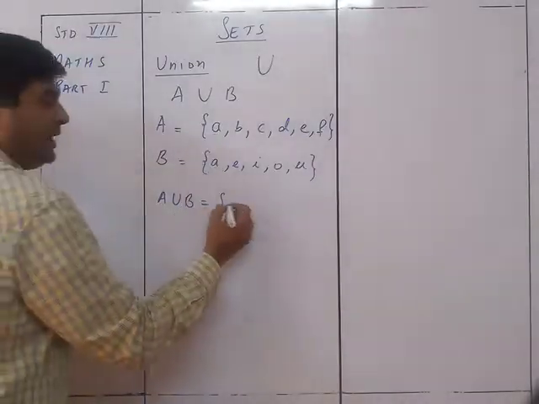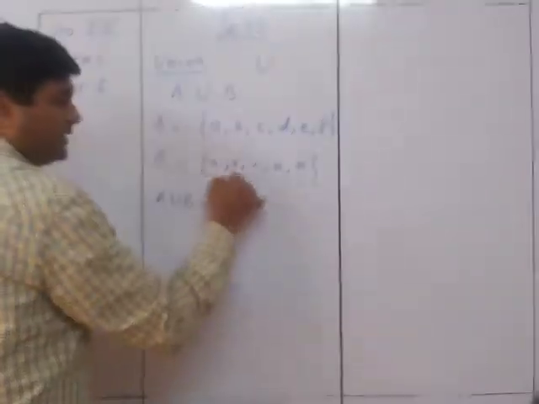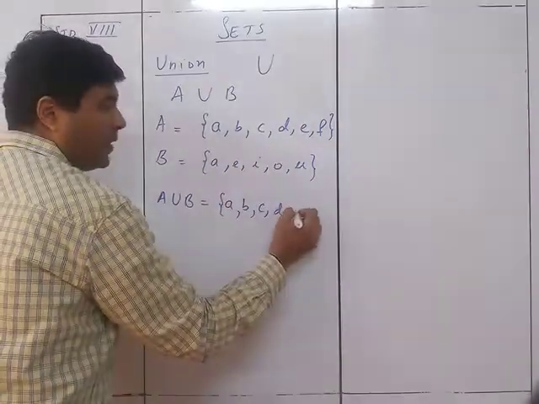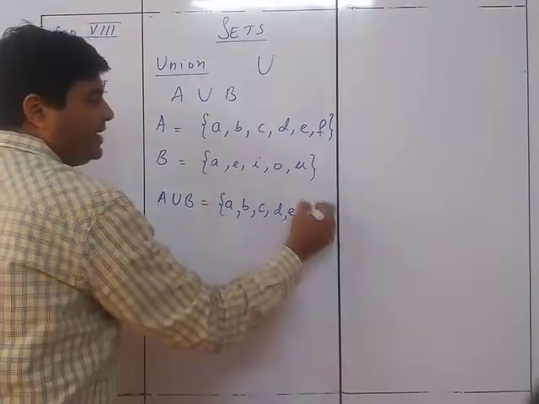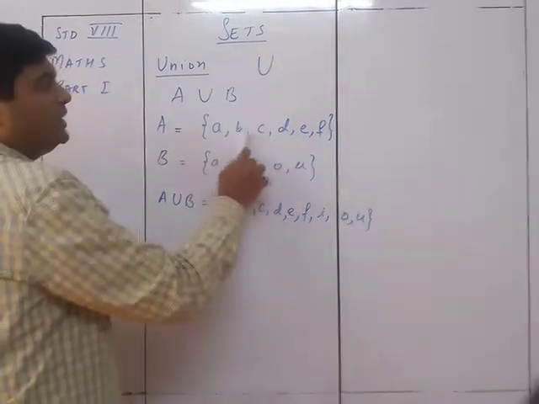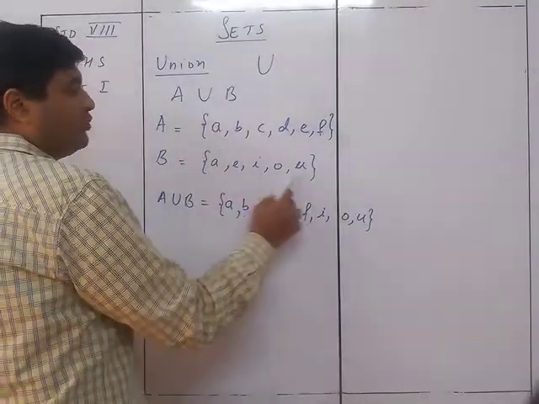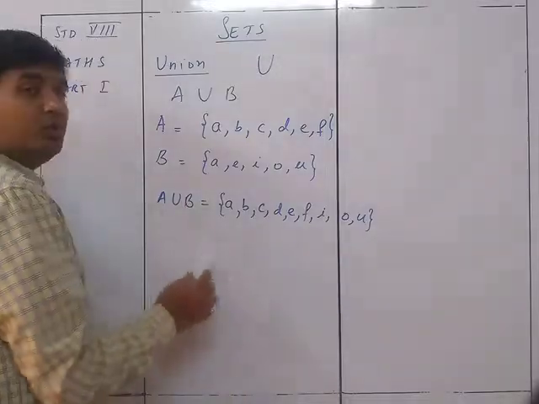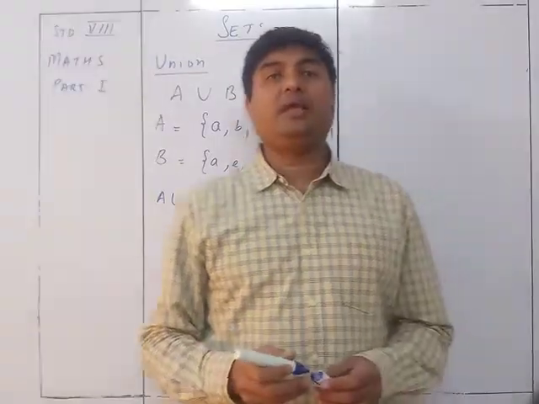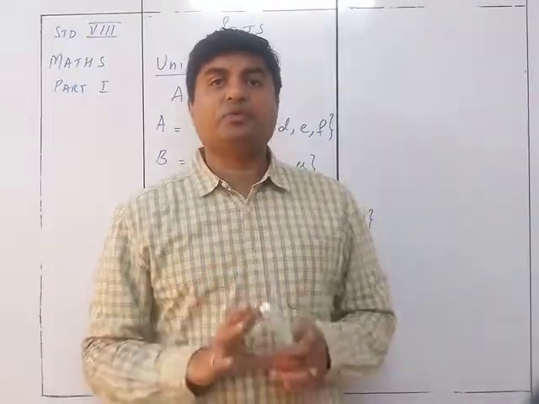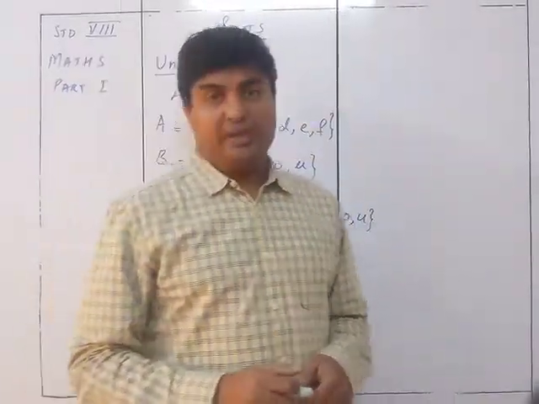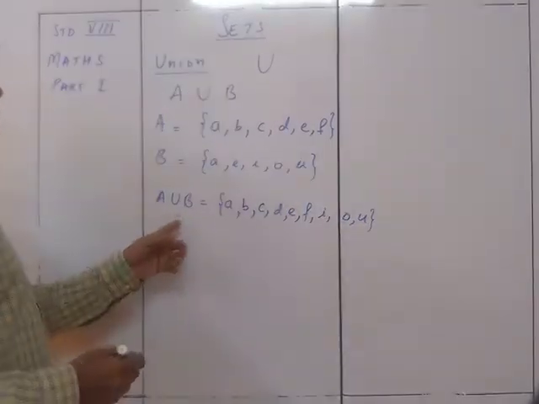So A will be coming, B is not here but it is here, so B, C, D, E is in both of them so it will be coming only once, then F, then I, O and U. So we can see all the values of A and all the values of B are present in the A union B. So A union B is nothing but the combination of the two sets such that it has got all the values of A and all the values of B in it.